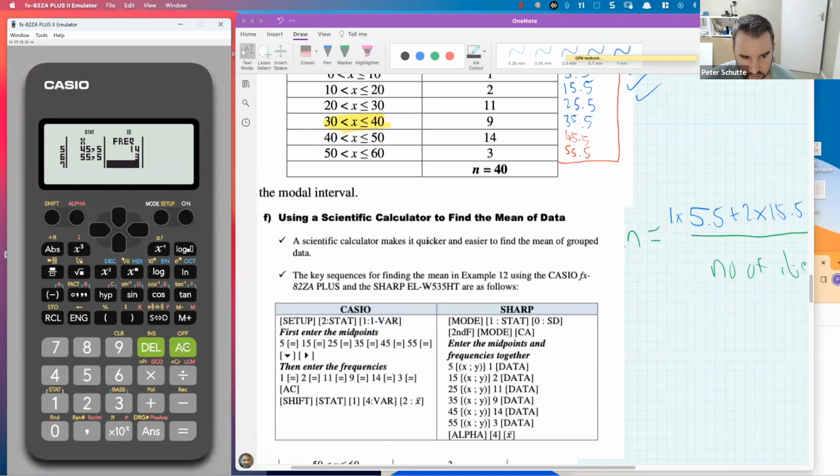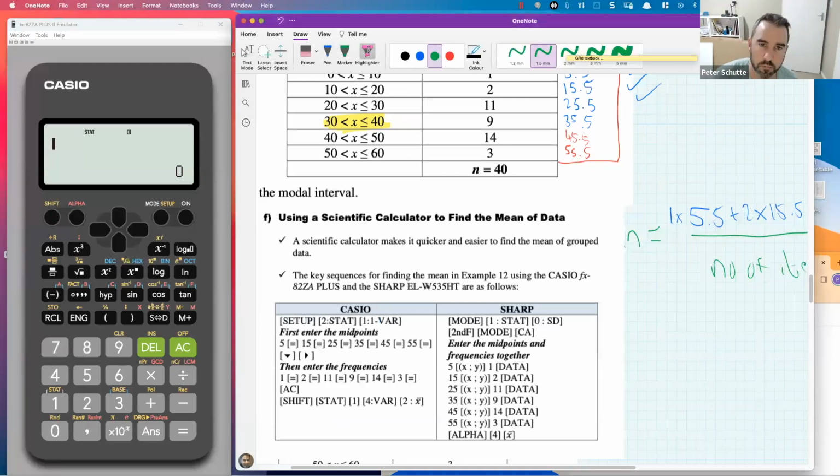So I close this, I hit AC. And if you look at my instructions here, at the bottom it is showing you what to do.